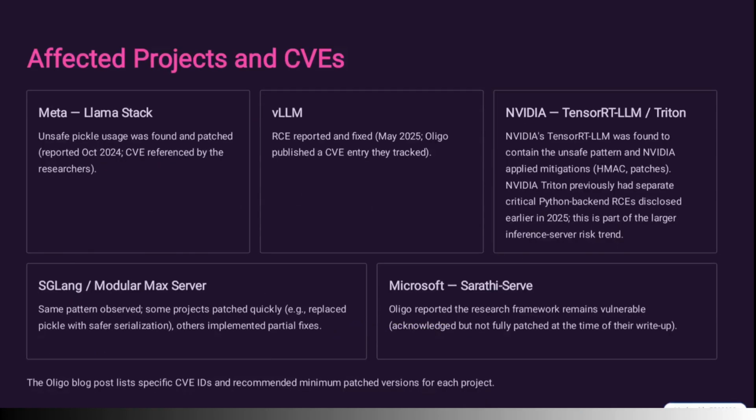Next, the affected projects and CVEs. What are the different projects affected? Meta Llama Stack, vLLM, Nvidia TensorRT-LLM, SGLang, Modular Max Server, followed by Microsoft Sarathi-Serve. With Meta Llama Stack, unsafe pickle use was found and patched, reported in October 2024, and a CVE was published by the researchers. With vLLM, the RCE was reported and fixed in May 2025, with a published CVE entry.